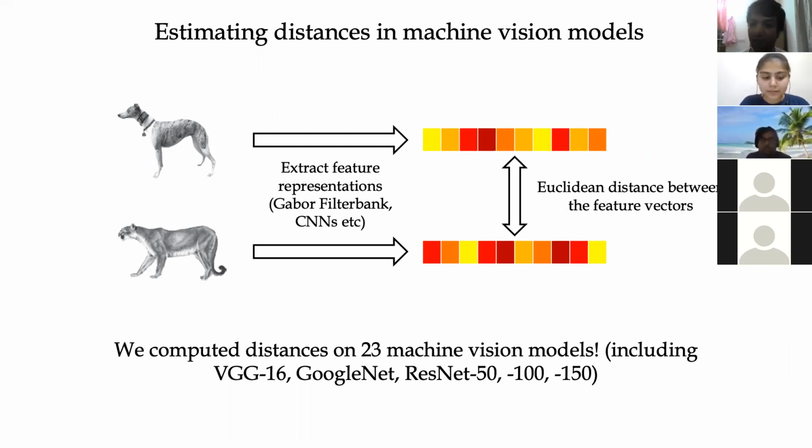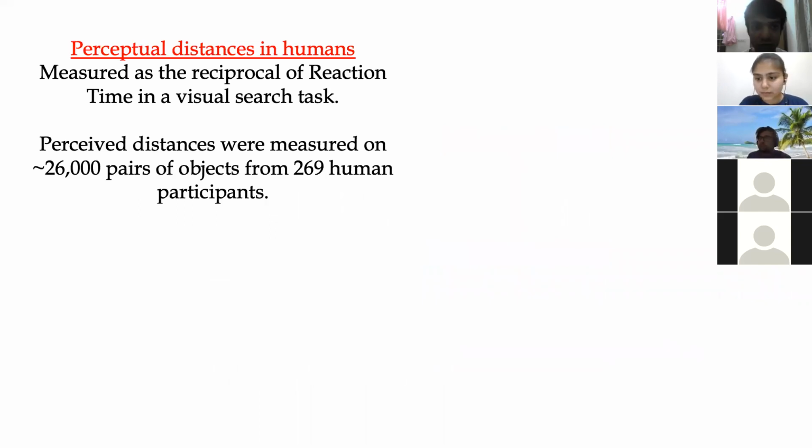Yeah. So to summarize whatever we've done so far, we have measured perceptual distances in humans as the reciprocal of reaction time in a visual search task. These perceived distances were measured on about 26,000 pairs of objects from 269 human participants.